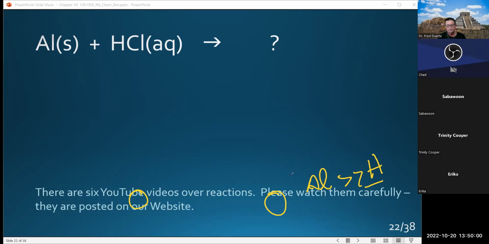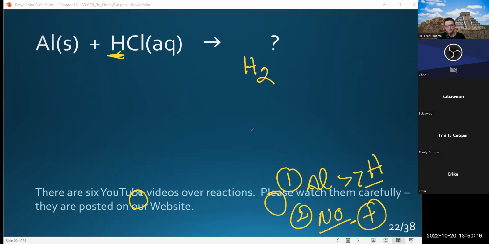And the answer is no. So that means positive reaction. So we're going to generate hydrogen, which goes back into the elemental form, H2. Just no different than the other metals that went back from ionic form to elemental form, except the hydrogen's elemental form is hydrogen gas, right? All right. And then the aluminum goes into ionic form.